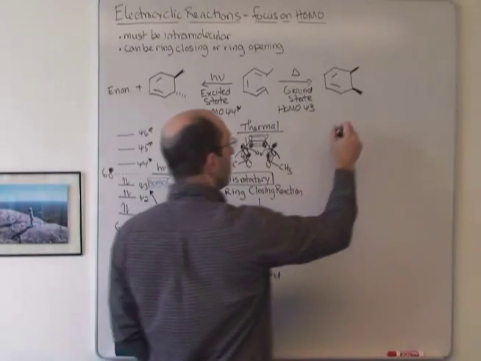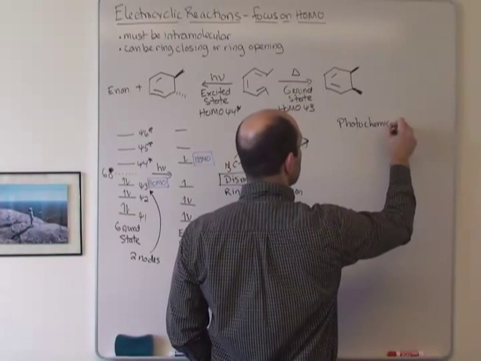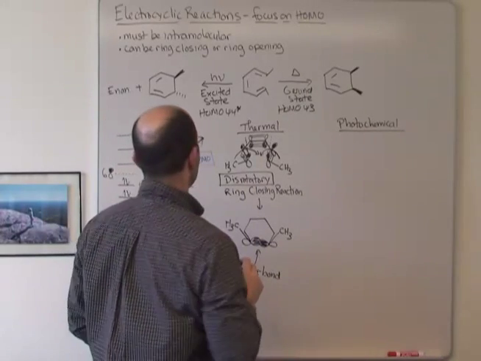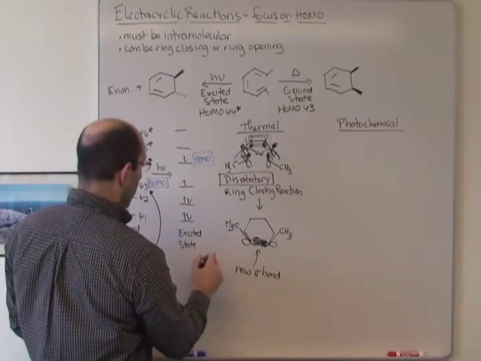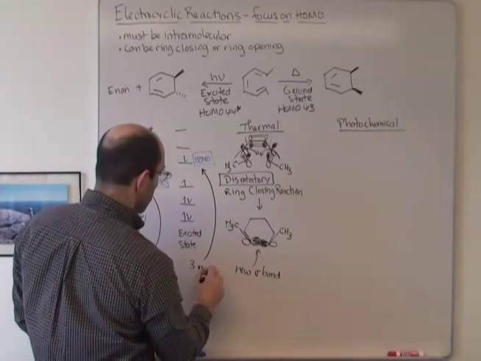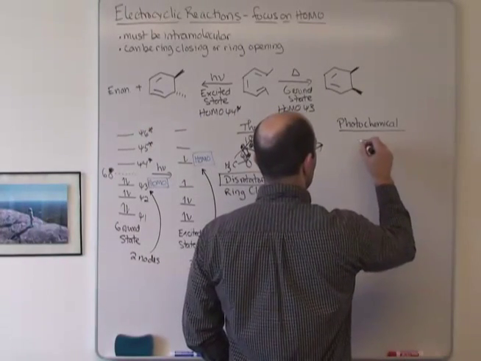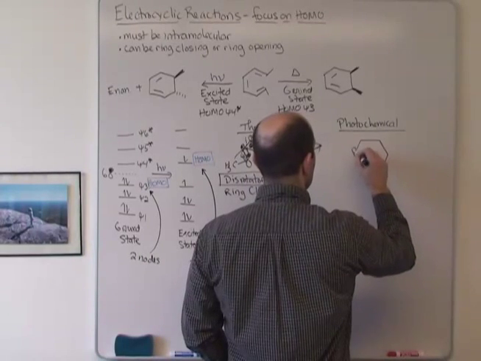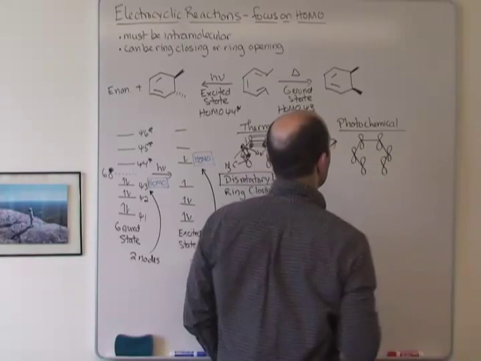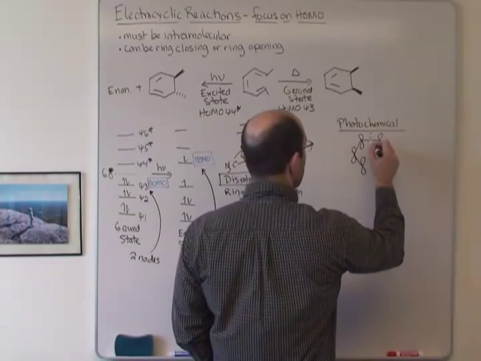Right, now if we look at the photochemical reaction, right? Photochemical, we're going to be looking at psi4, right? And again, if we go up here to psi4, we're going to have 3 nodes. Okay, so we can draw what that's going to look like. And if we have 3 nodes, we're definitely going to have one in the middle, right?